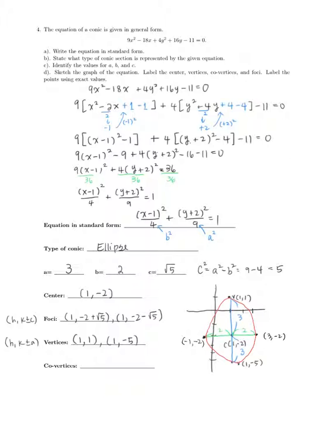It's a tall ellipse. So anyways, co-vertices are going to be (-1, -2) and (3, -2). Geez, I need to take some art classes. I hope you can tell this is going to be the tall ellipse. Okay, that's done with that one.